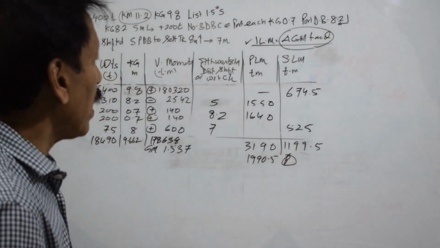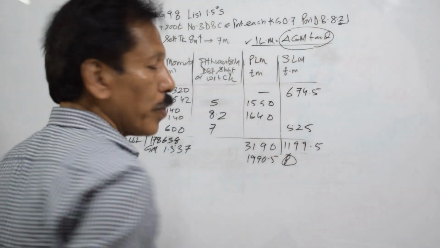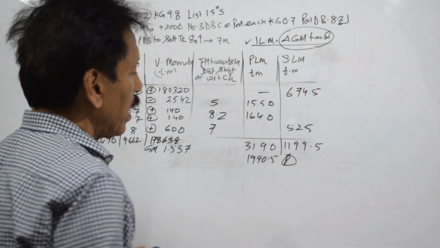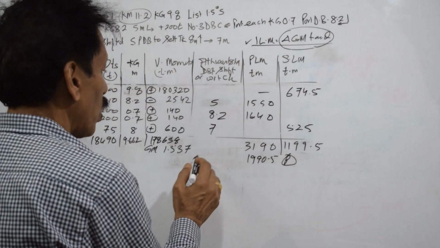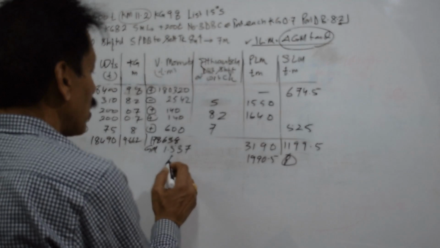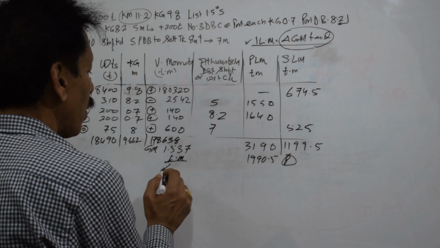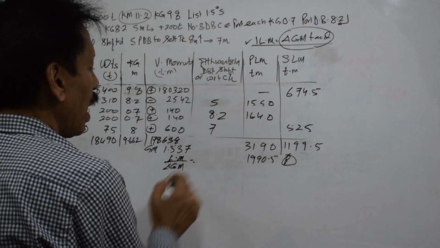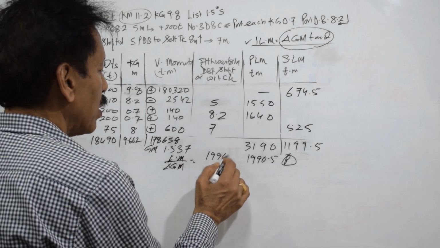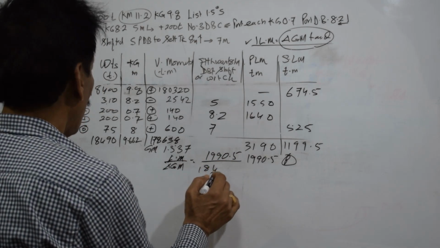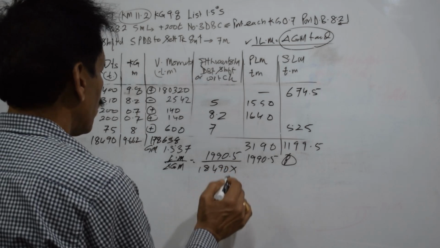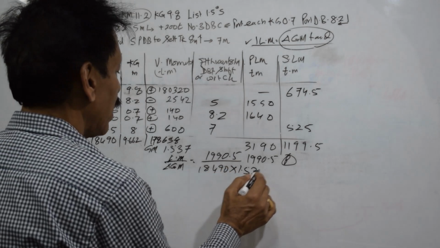And to find out the final list, we use the same formula. So listing moment 1990.5. The list is given by tan theta equal to listing moment divided by displacement into GM. So we have 1990.5 divided by 18,490 into GM, that is 1.537.